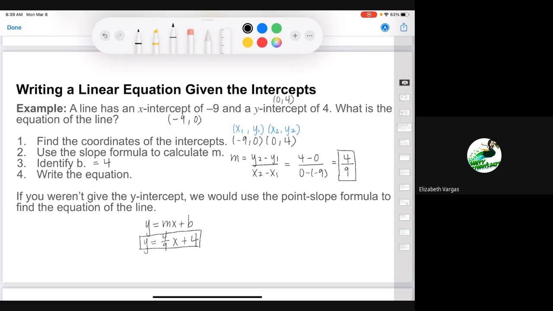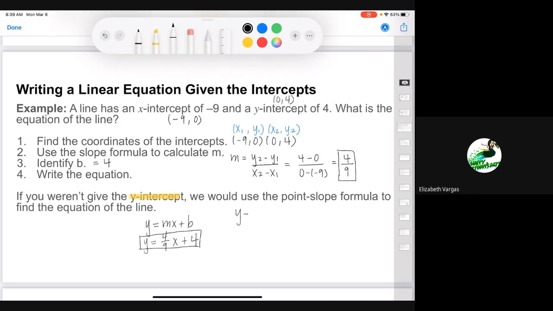Okay, and if we weren't already given the y-intercept, then what we would go ahead and do is use the point slope form to find the line. So an example of that. Say I didn't already know my b.